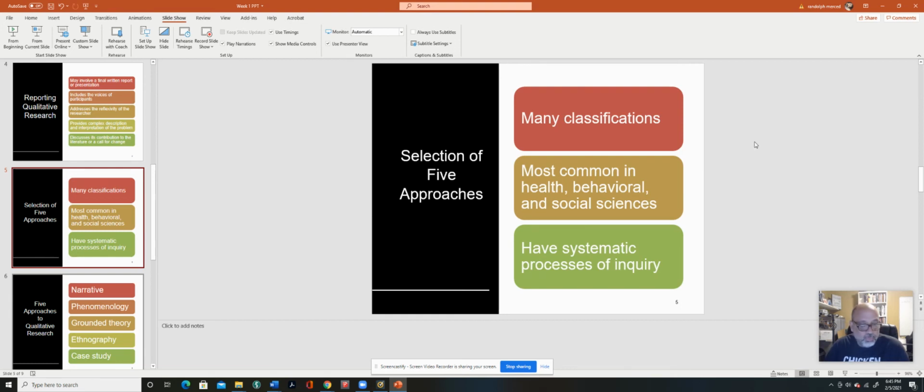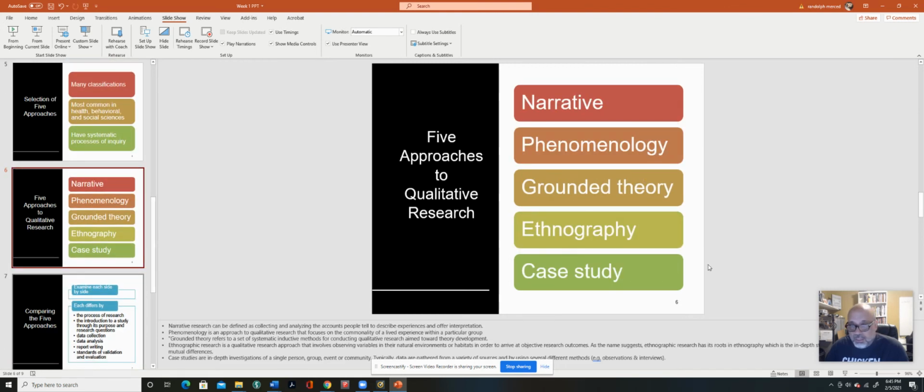So we want to make sure that the approaches we have and how we do this are in some format where people can look at it clearly and say, you know what, this is what this is. It's either a narrative approach, a phenomenological approach, it could be grounded theory, ethnography, or case study. So let's go through these each, so you get a better understanding of it.